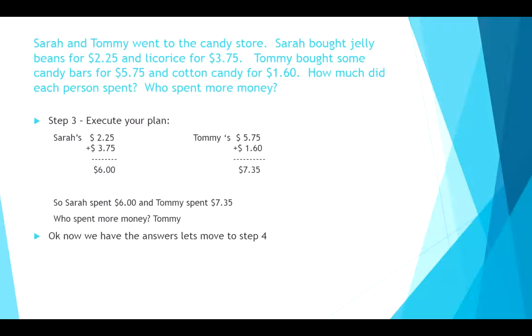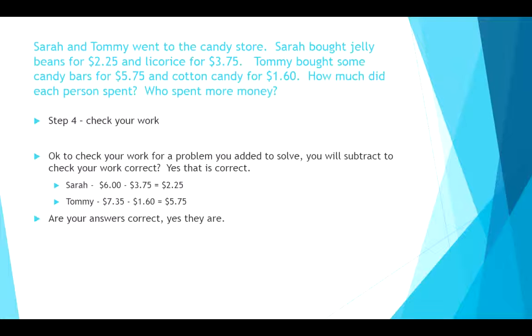Let's move to step 4 to check to make sure they are correct. To check your work for a problem where you added, you will need to subtract. Is that correct? Yes, that is correct. So we will take the total amount that Sarah spent, which was $6, and subtract either the $2.25 or the $3.75.